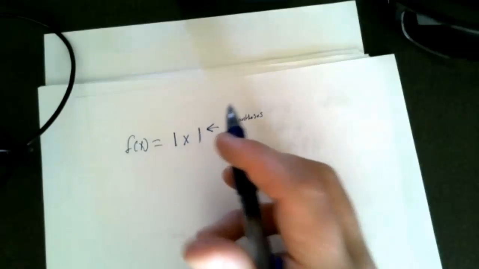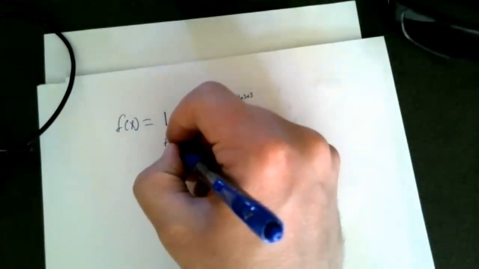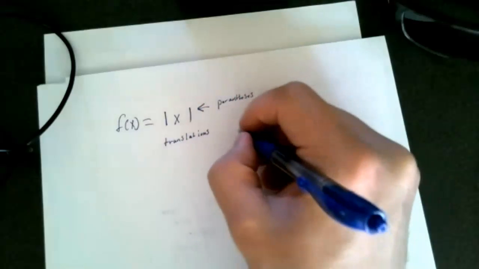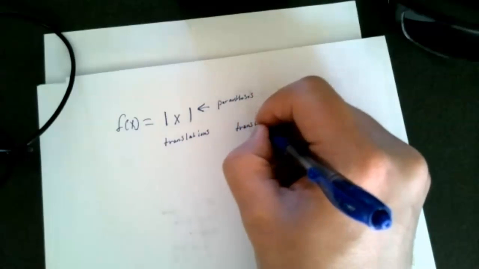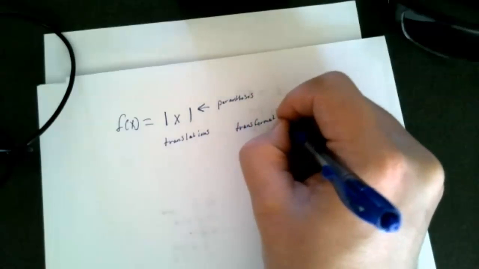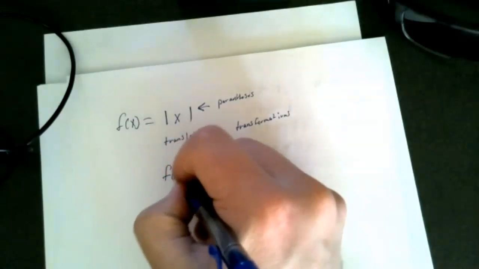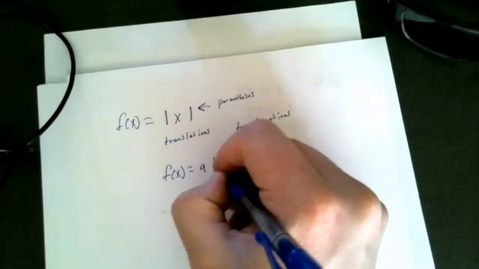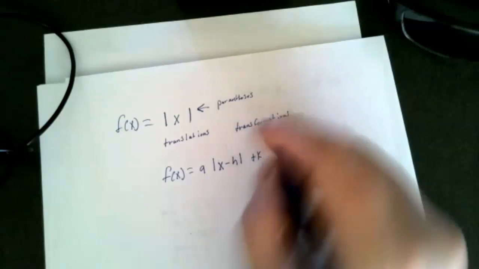A couple other things that will help you with this are translations and transformations. As a general rule, these apply both to your step function and the absolute value functions. If I write it generically, it's a times the absolute value of x minus h, plus k.